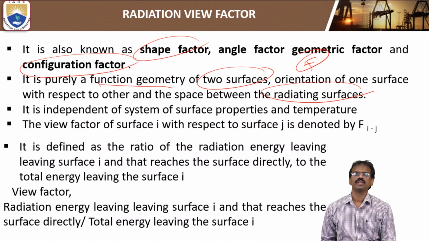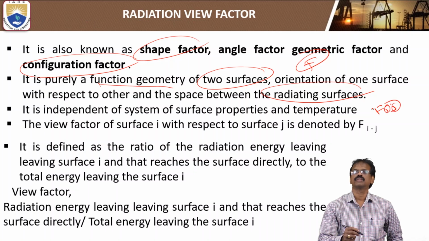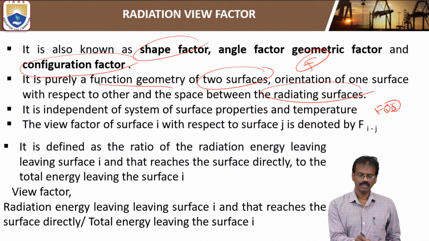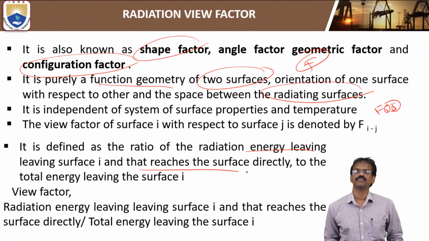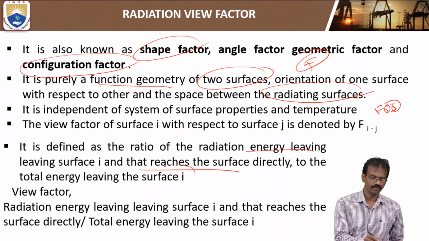The view factor of surface i with respect to j is denoted by Fij. It is defined as the ratio of the radiation energy leaving surface i that reaches surface j directly, to the total energy leaving surface i.